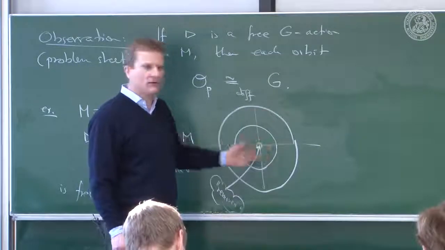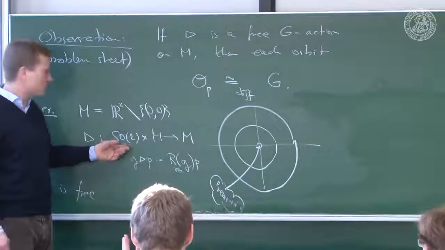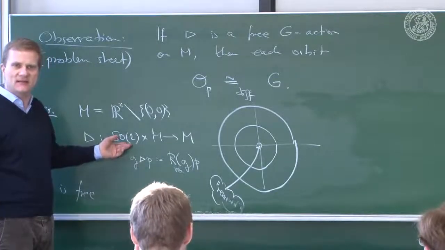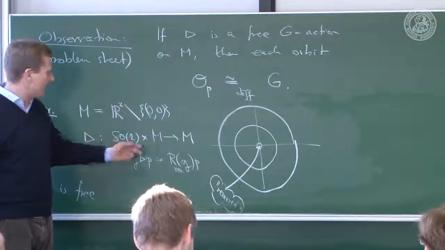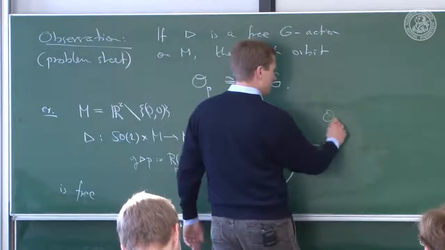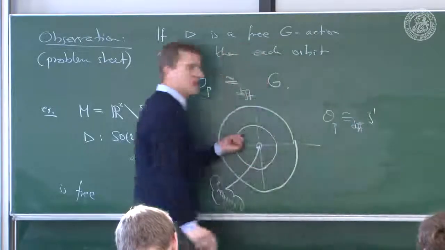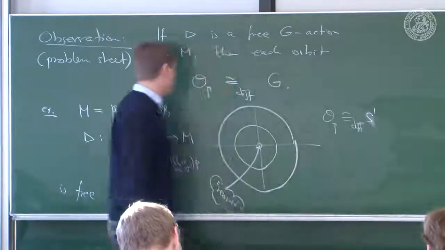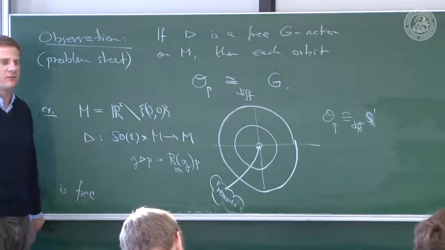And each of these circles is, of course, isomorphic to SO(2), because SO(2) is the Lie group that's built on the circle as the underlying smooth manifold, but with an additional group law. Hence every orbit is isomorphic to an S¹. S¹ is the group manifold that underlies SO(2), so in a sense it is SO(2) seen purely as a smooth manifold.